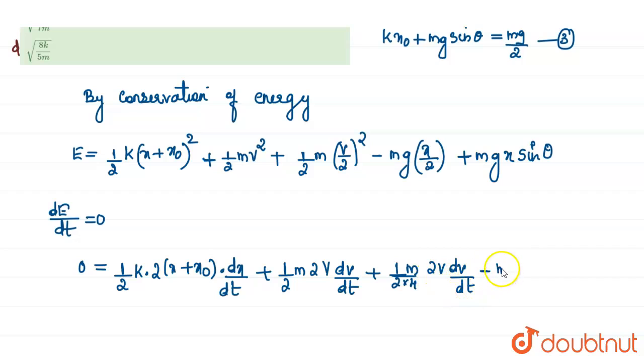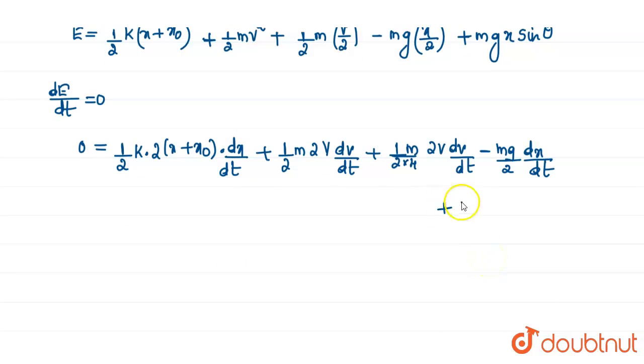Here also minus mg by 2 into dx by dt, and the last term becomes plus mg sine theta dx by dt. This is after the differentiation, and we are familiar with the values: dx by dt is velocity and dv by dt is acceleration.